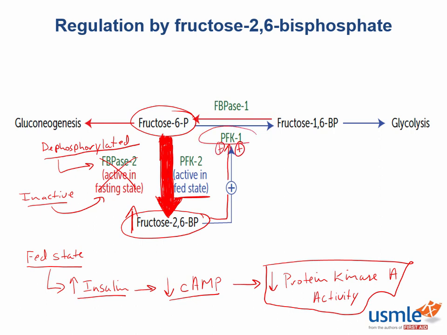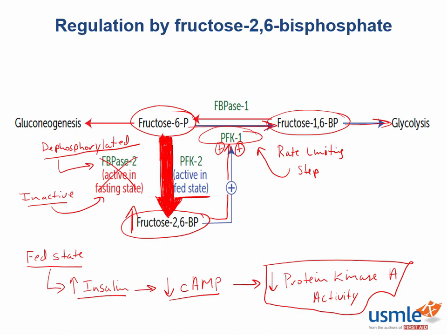Now, with phosphofructokinase 1 being active, this allows glycolysis to proceed, and it does this by converting fructose 6-phosphate into fructose 1,6-bisphosphate, which then enters the glycolysis pathway. Now, it's important to remember that the molecule fructose 2,6-bisphosphate is made to regulate the steps of glycolysis. And also keep in mind that phosphofructokinase 1 is the rate-limiting step in glycolysis.